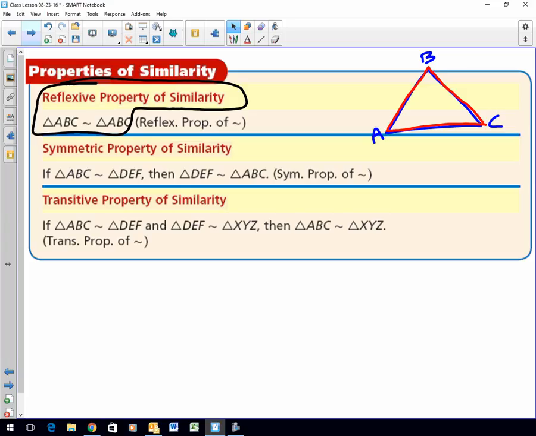A, B, and C are a similar triangle, the blue one and the red one. I can have two different triangles that fit the same sides and the same angles, with similar proportional sides, they're similar. Now my symmetric property.